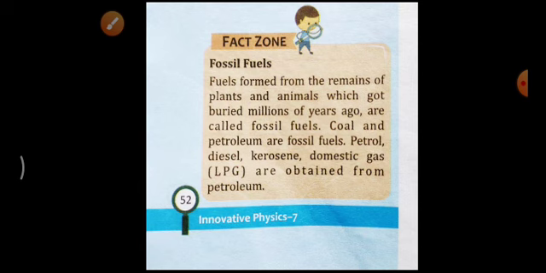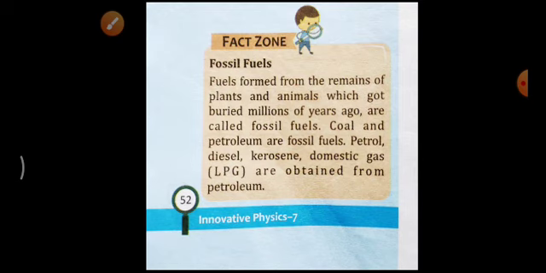Fuels formed from the remains of plants and animals which got buried millions of years ago. After being buried for millions of years, those plants and animals get converted into coal and petroleum. That's why they are called fossil fuels.